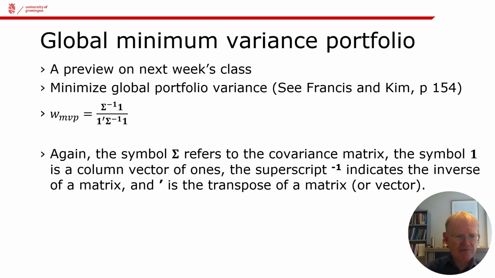And the formula for that is the one that I present here. The column vector of minimum variance portfolio weights is equal to the inverse of the covariance matrix multiplied with a vector of 1s. And this vector of 1s is usually identified with the Greek character iota.